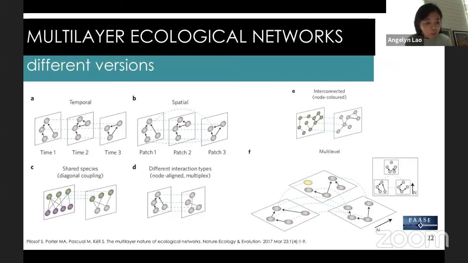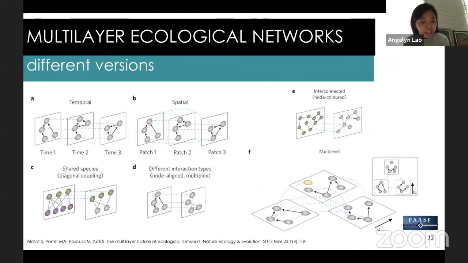In letter C, you will notice that there's a shared species represented by the green nodes. So the network actually has different interactions. There are two layers, but there's a common or shared species in these two layers. And then in letter D, the nodes actually appear in every layer. So these are exactly the same nodes in each layer.